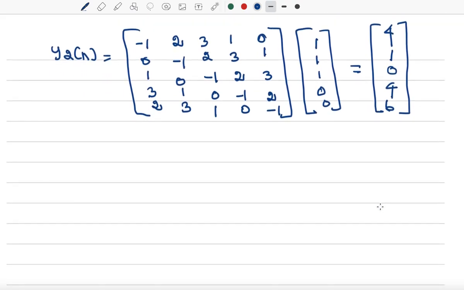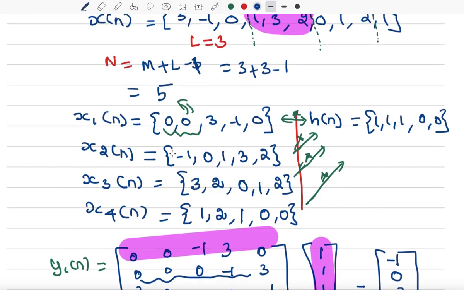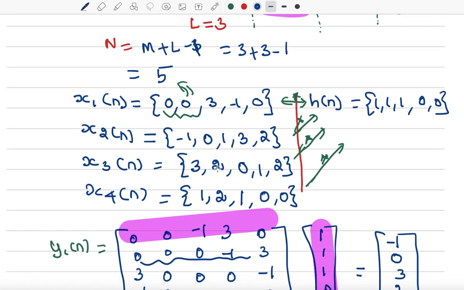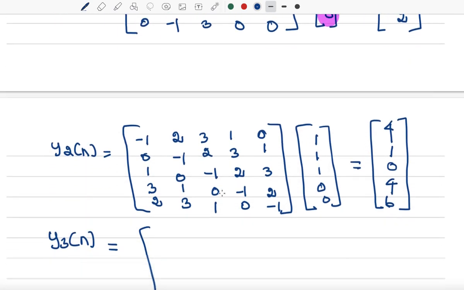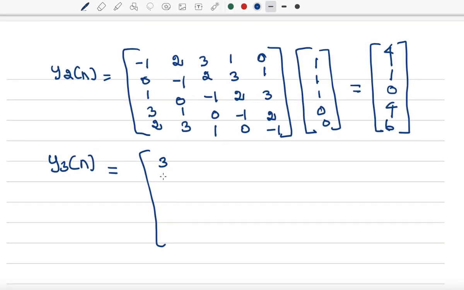Similarly, we need to find y3 of n by taking the input x3 of n: 3, 2, 0, 1, 2. So this value will be 3, 2, 0, 1, 2. Shifting this value once, 2, 3, 2, 0, 1.